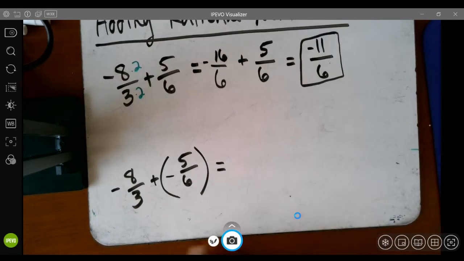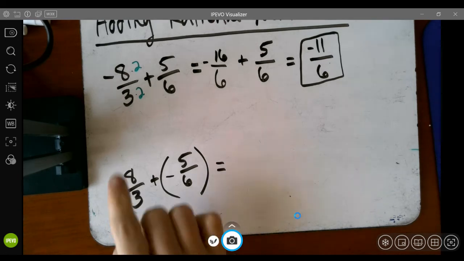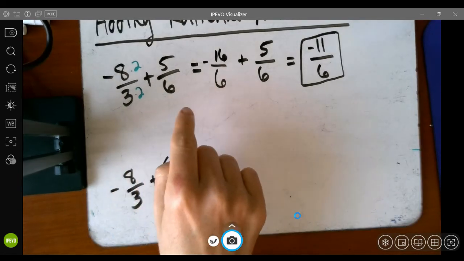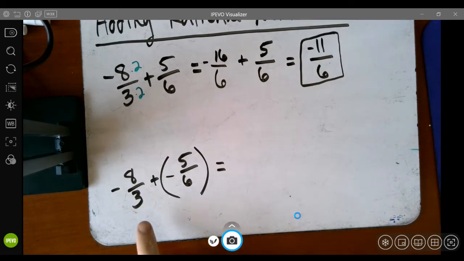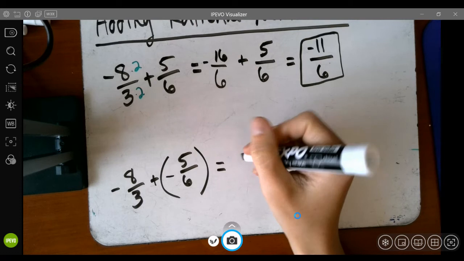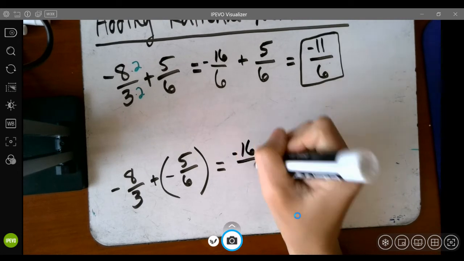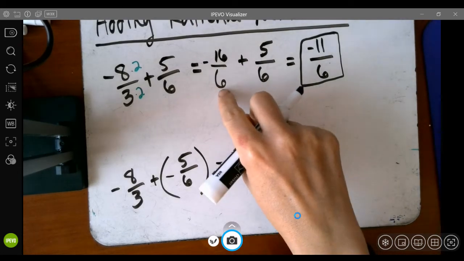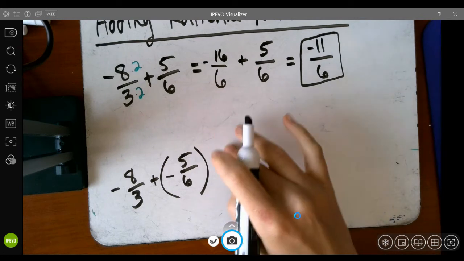Now, and this is a completely different problem, if instead of adding negative 8/3 plus positive 5/6, we were adding negative 8/3 plus negative 5/6, the entire process would be the same. I'm going to keep the same fraction here that we had converted to.